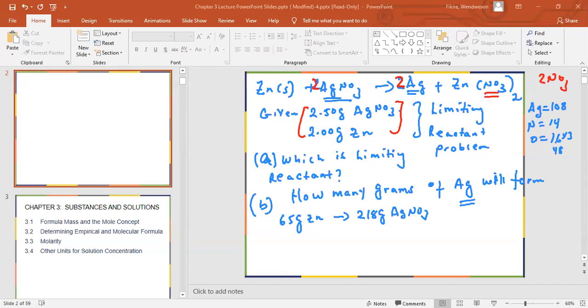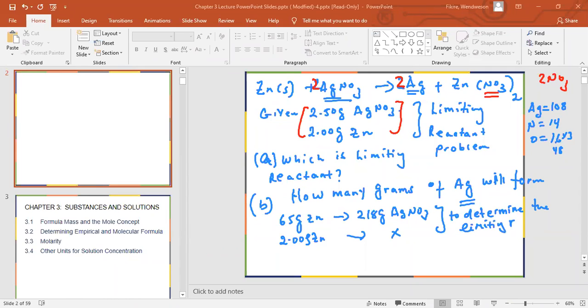So 65 grams of zinc corresponds with 218 grams of silver nitrate. So if I have 2.00 grams of zinc, how many grams of silver nitrate would I get? I can do this calculation. Why I have to do this calculation is to determine the limiting reactant.